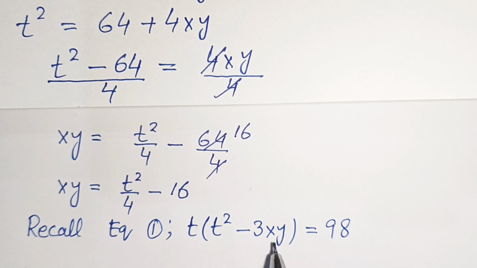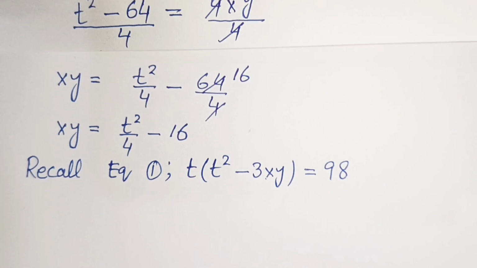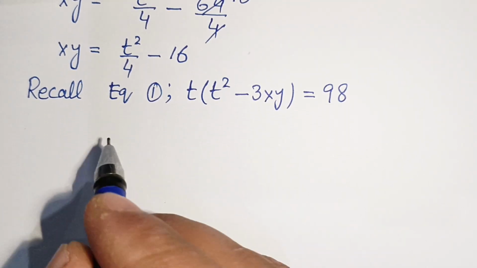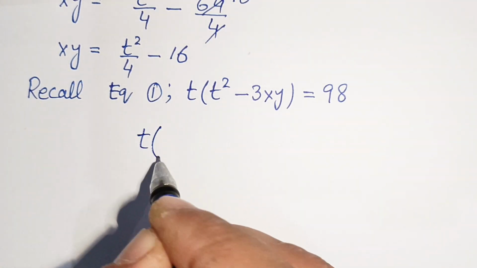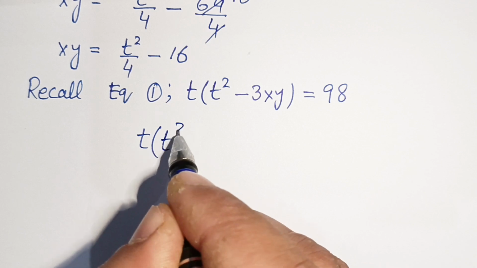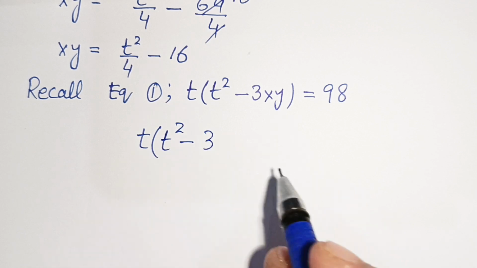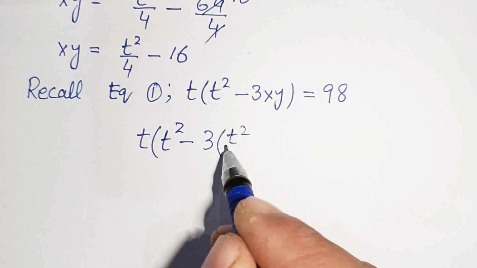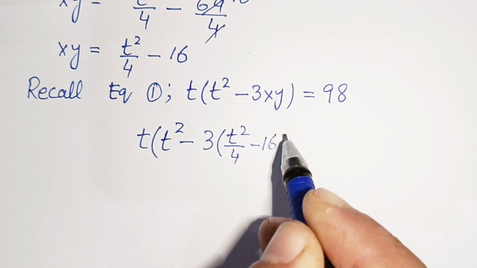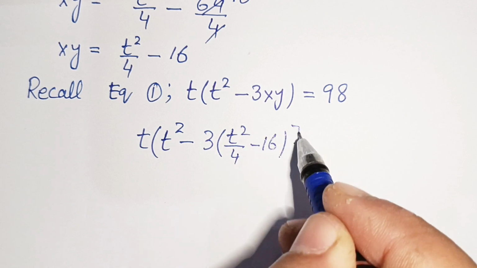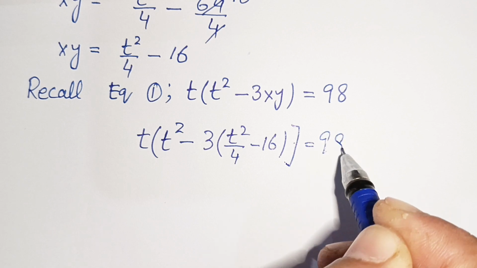Here we see that it is xy, so we just put the value of xy from this one. Then we get t times t squared minus t times, here it is t squared, and minus 3 times xy is t squared divided by 4 minus 16, which is equal to 98.